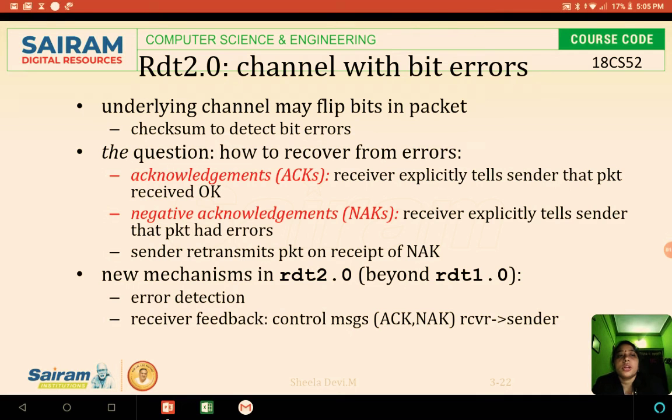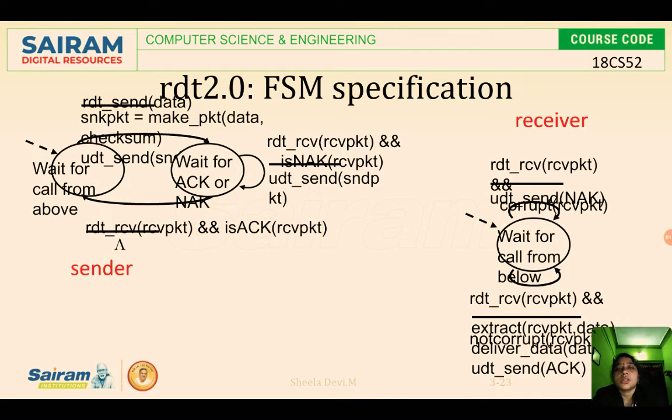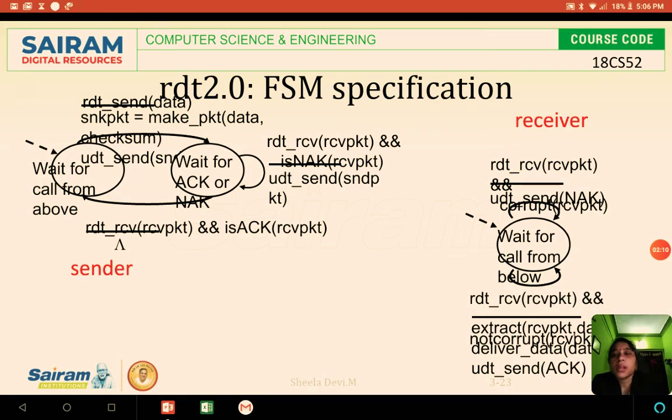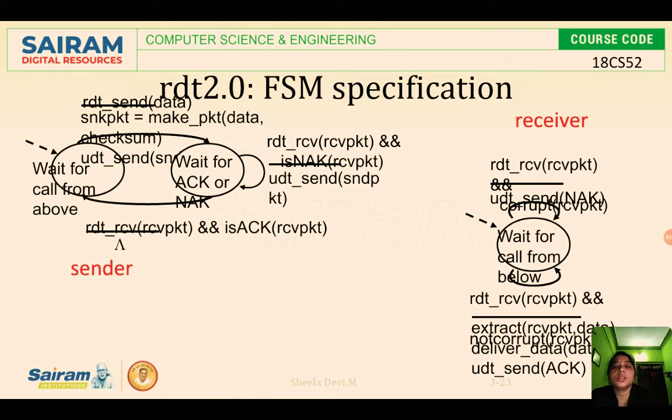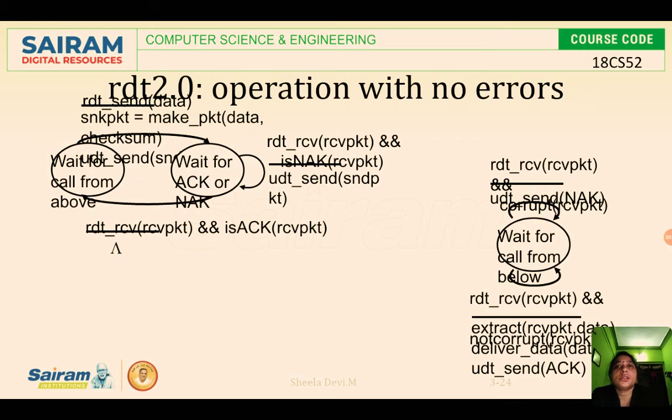We'll see the FSM now. This is the FSM of RDT 2.0. As usual, at the sender side, the sending process waits for the call from above. If the application layer calls from above by initiating the event rdt_send(data), then what is the action taken by the transport layer at the sender side?